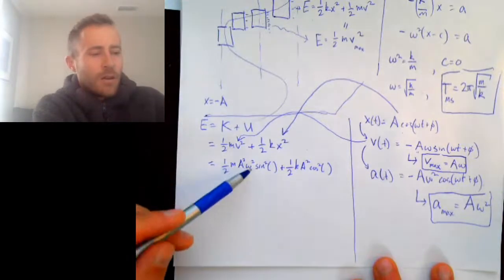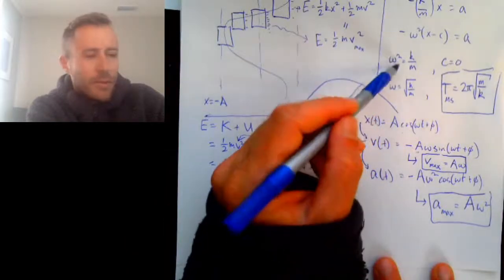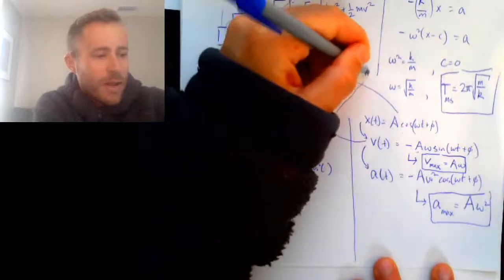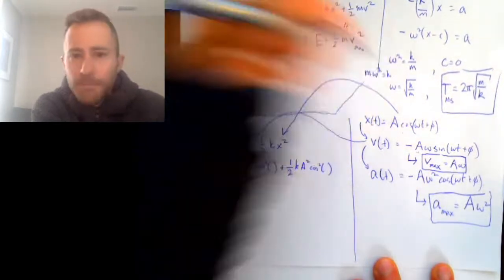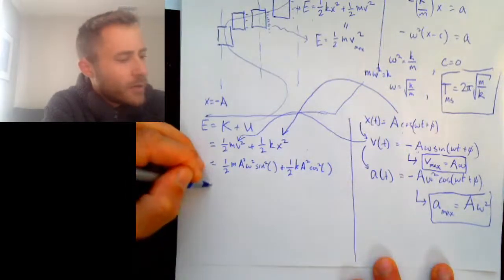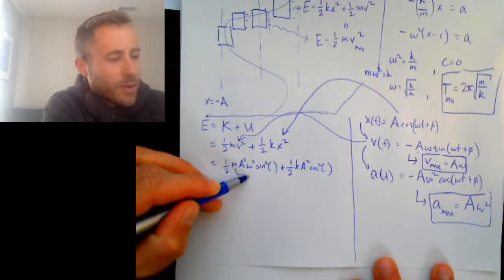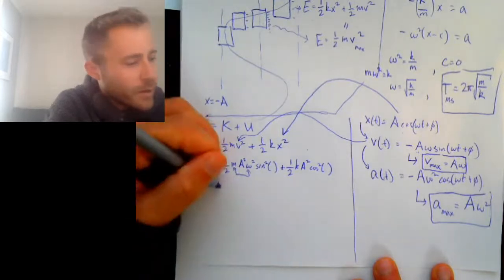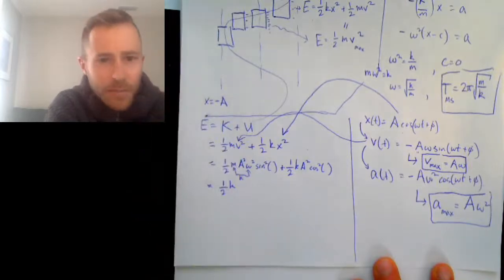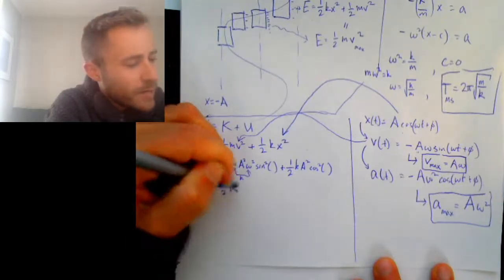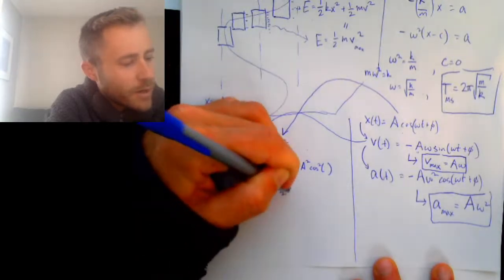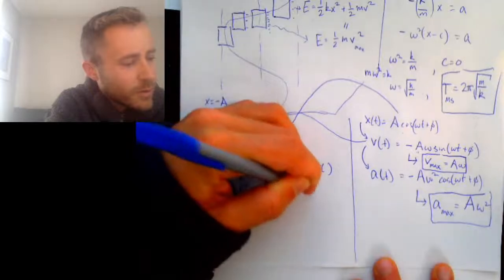Now, if we look at this equation up here, omega squared is k over m, so that means that m omega squared is k, just by multiplying both sides by m. See how I have m omega squared here? So these two combine to make k. 1/2 k A squared sine squared plus 1/2 k A squared cosine squared.